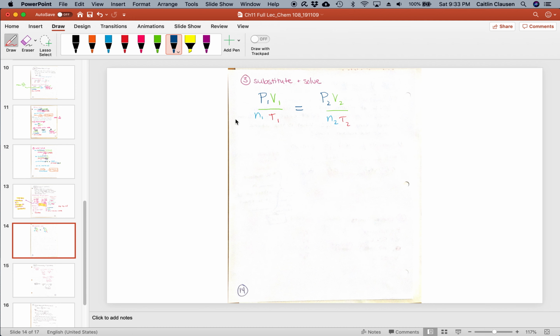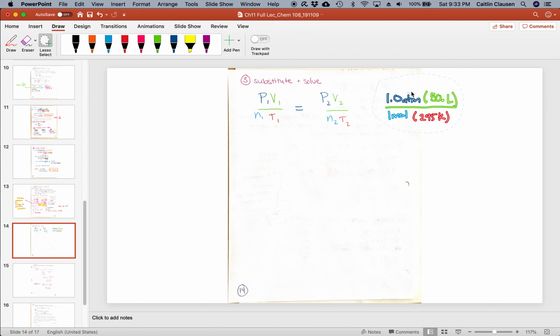Put in the information that I have. So I have 1.0 atmosphere times 50 liters, don't forget that dot, divided by 1 mole. This is the initial, times 295 Kelvin.